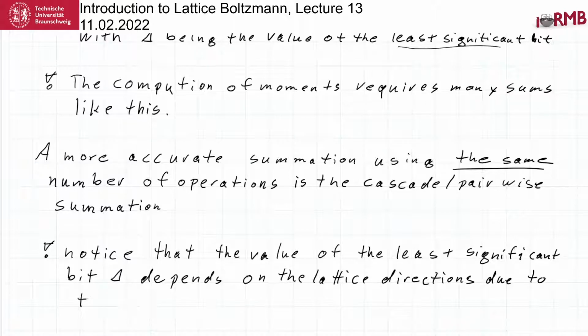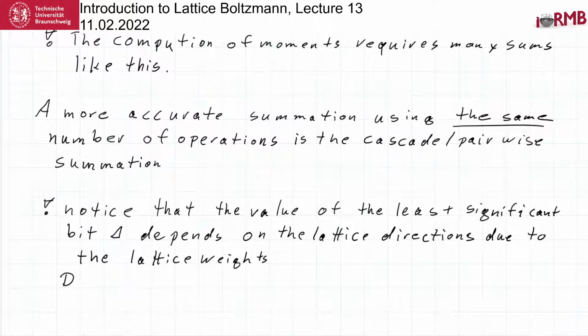Due to the lattice weights. And in the D3Q27 that we like to use, we would have W111, for example, being 1 over 216.